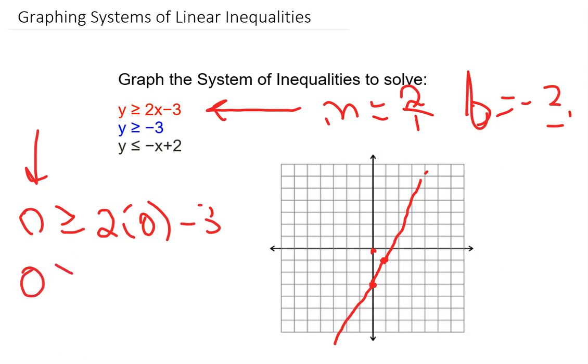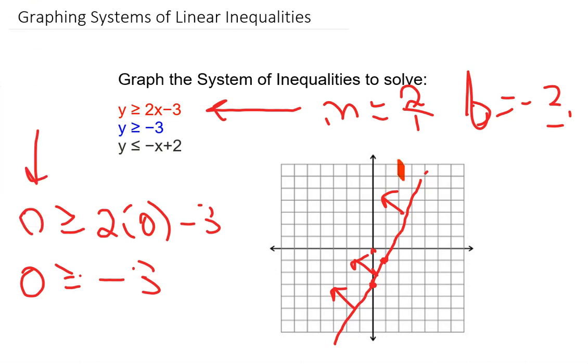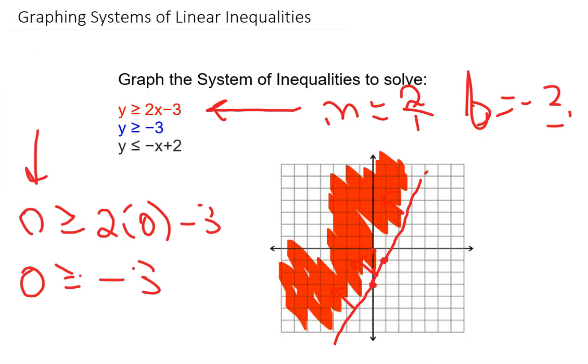So I get 0 is greater than or equal to negative 3. That is true. Since that is true, I know for this one, I'm going to shade everything up here. So this will be my solution area for my red inequality.